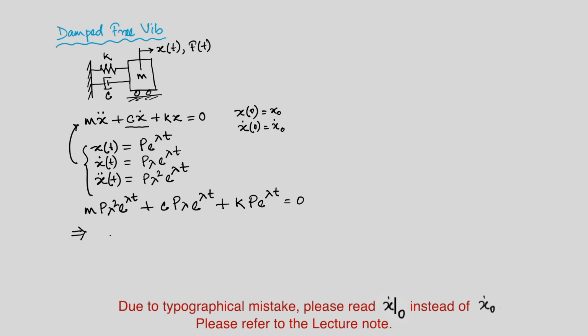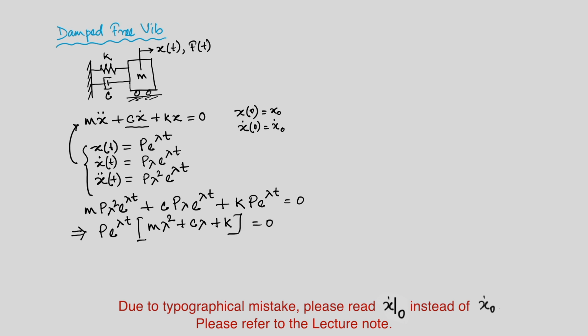We take p e to the power lambda t common, and within the bracket we have m lambda square plus c lambda plus k is equal to 0.